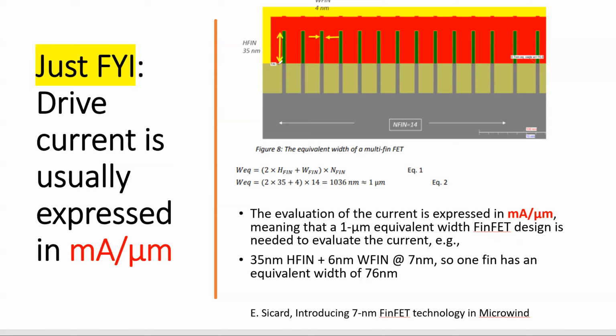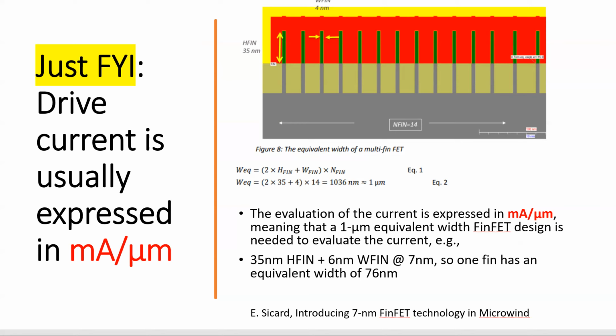So for example, for 7 or 10 nanometer, the height of the fin is 35 and the width is 6. So one fin has an equivalent width of 76. Total to make 1 micron, oh, I'm sorry, I calculated wrong, it should be 74.